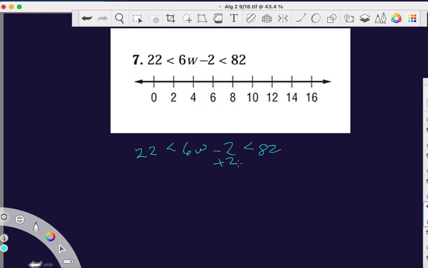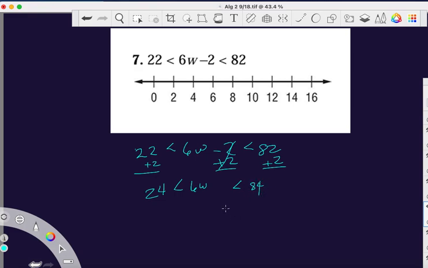We're going plus to undo the minus 2. There we are. So we have 24 is less than 6W, which is less than 84.